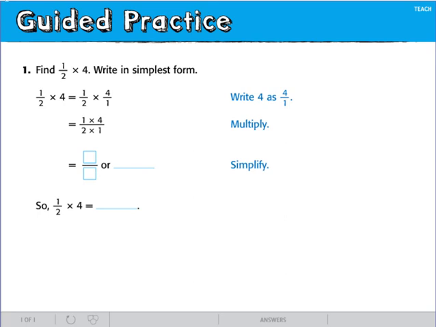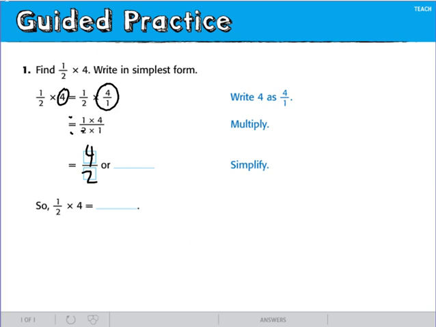Alright. Our guided practice now. We have 1/2 times 4. We're going to write this in simplest form. Okay? Our whole number is 4. We write it 4 over 1. We multiply our numerators and our denominators. 1 times 4 is 4, 2 times 1 is 2.